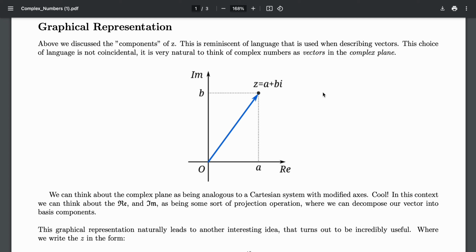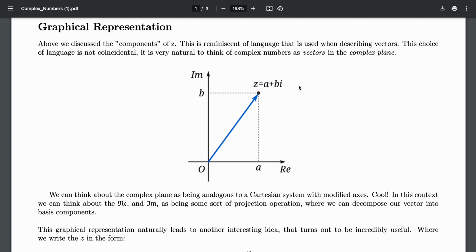And this choice of language is not coincidental because it's very natural to think about complex numbers as vectors in the complex plane. So the complex plane is very similar to the Cartesian plane, the only difference being that instead of it being spanned by x and y, it's spanned by the real numbers and the imaginary numbers.